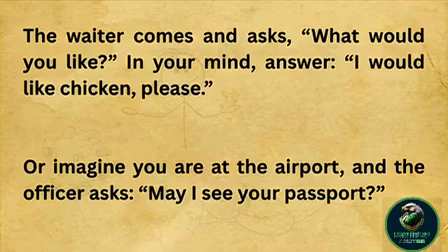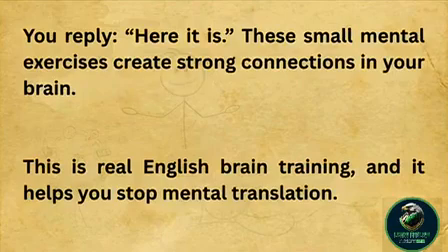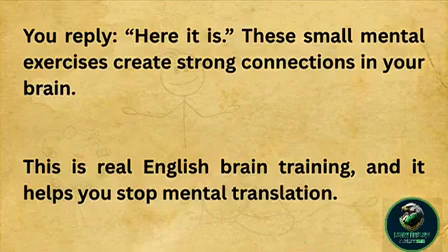Or imagine you are at the airport and the officer asks, "May I see your passport?" You reply, "Here it is." These small mental exercises create strong connections in your brain. This is real English brain training, and it helps you stop mental translation.